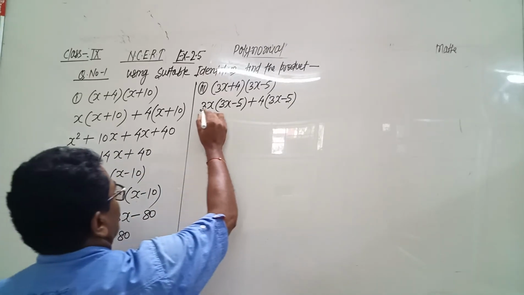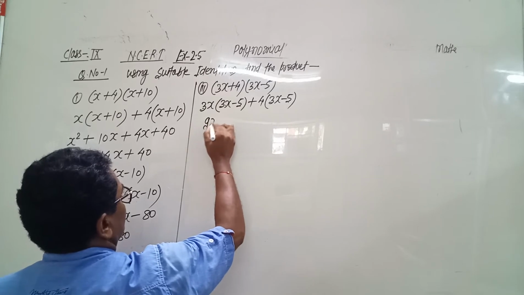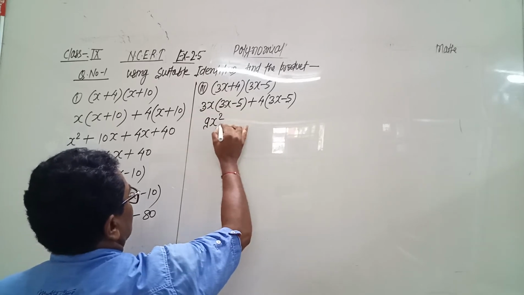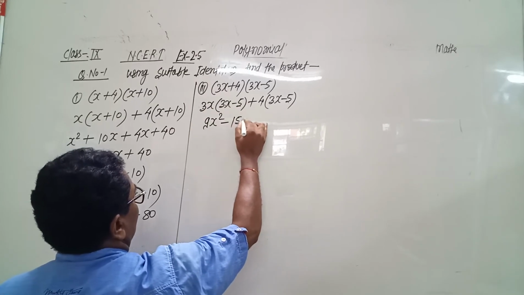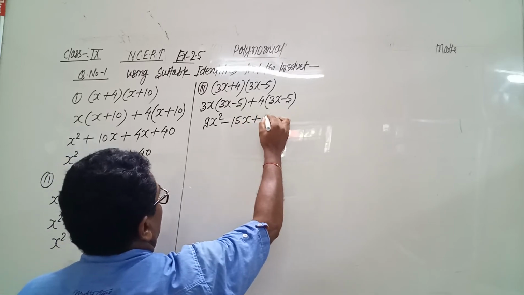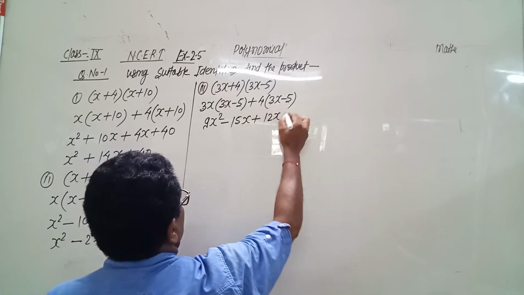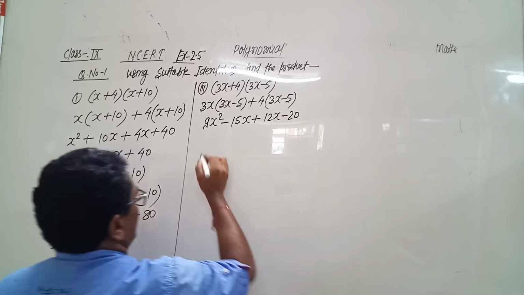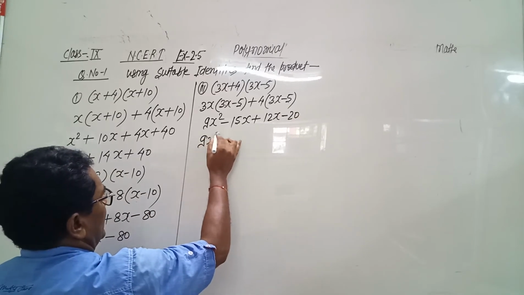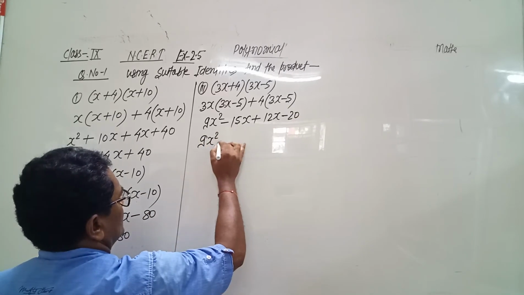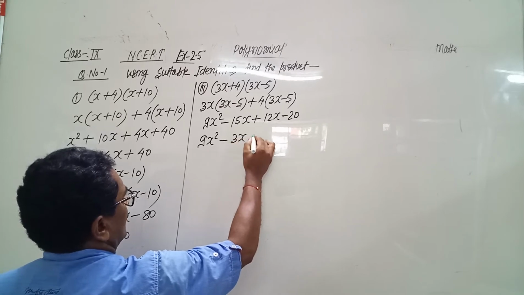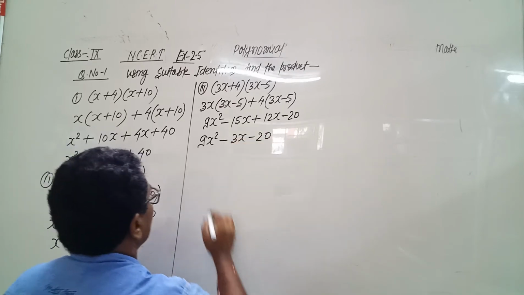Then remove the bracket. 3 into 3, 9, x into x, x square, plus minus 3 into 5, minus 15x, plus 4 into 3, 12x, plus 4 into minus 5, minus 20. Then 9x square, minus 15x plus 12x, minus 3x, and minus 20.